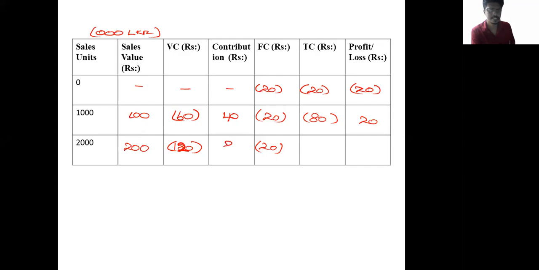Contribution in that case 80,000. Then fixed cost 20,000. Total cost 140,000. Then profit becomes 60,000. Okay.